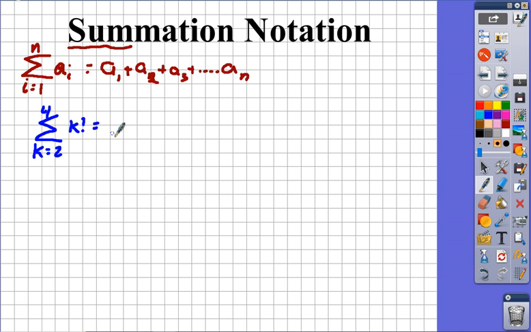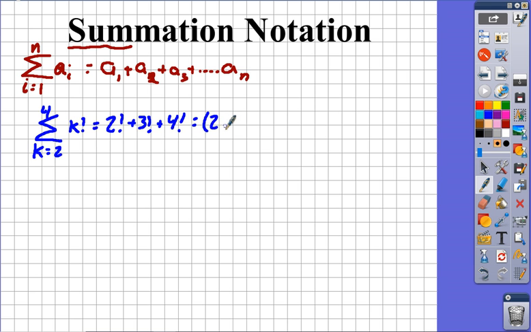Okay, so here we go. We start with 2, then we're going to do 3 and 4. So we're going to find 2 factorial plus 3 factorial plus 4 factorial. So I'm taking the 2, putting it in the equation for k, then the 3 in the equation for k, and the 4 in the equation for k.